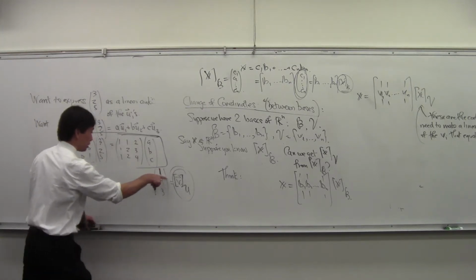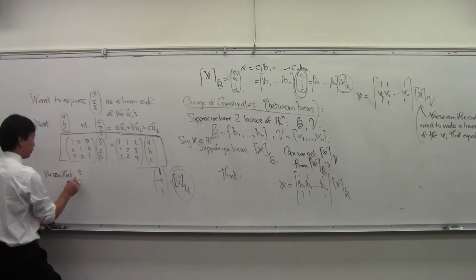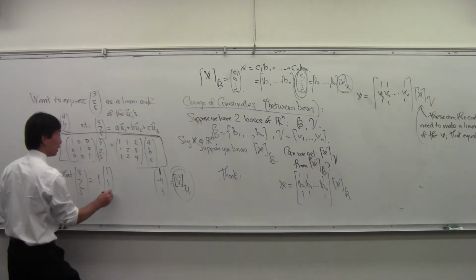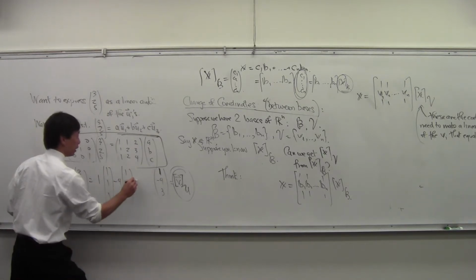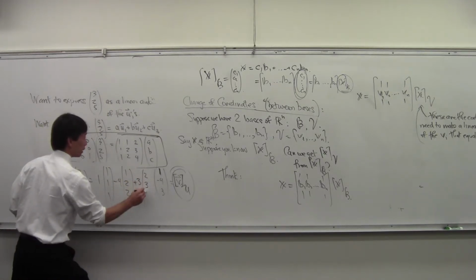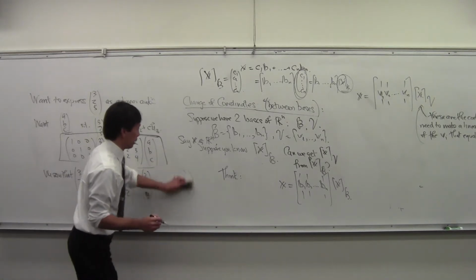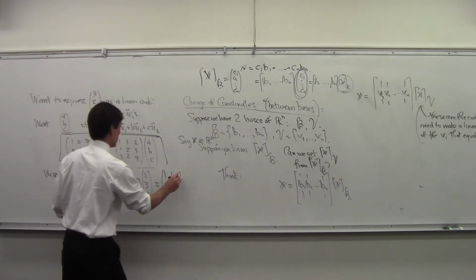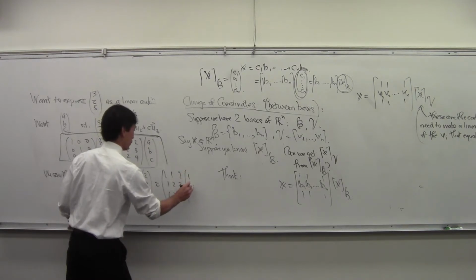And what we saw was that 325 was 1 of this guy minus 4 of this guy plus 3 of this guy. In other words, the matrix 1, 1, 2, 1, 2, 4 times 1, negative 4, 3.